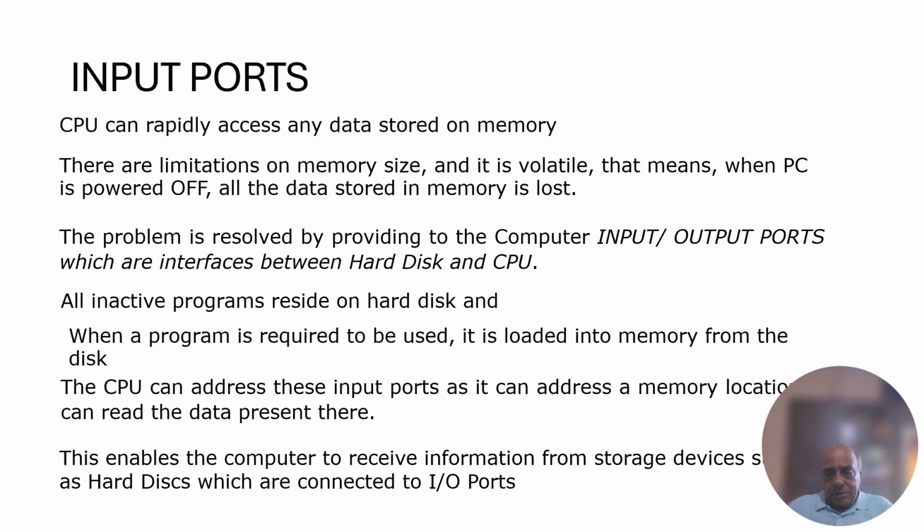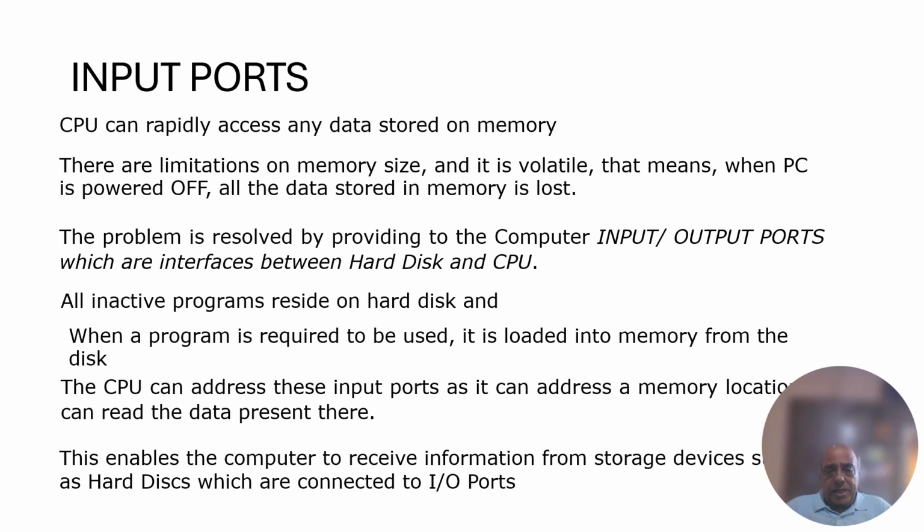How does the CPU read the data from the hard disk or other hardware devices? Each input port and also the output port has its own unique addresses, as we have addresses for memory locations.